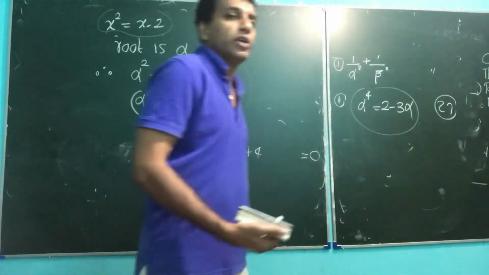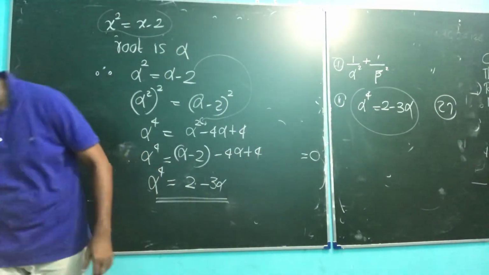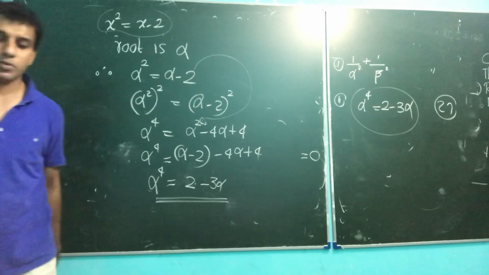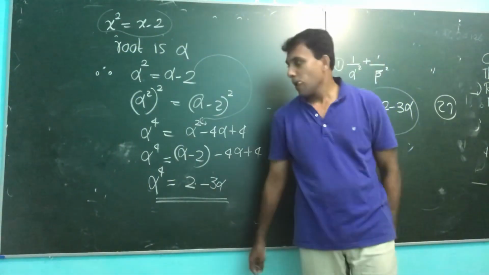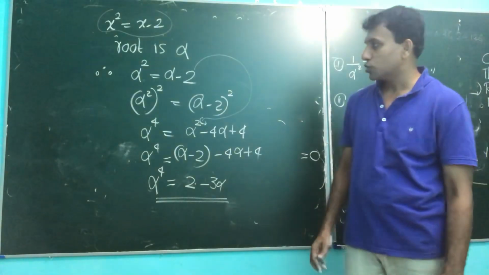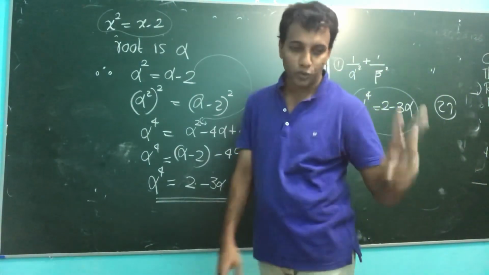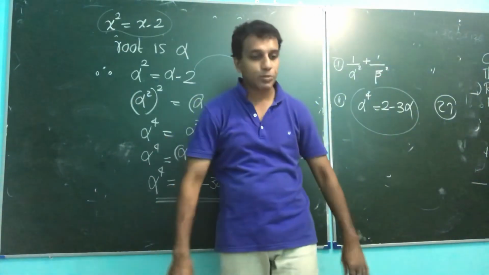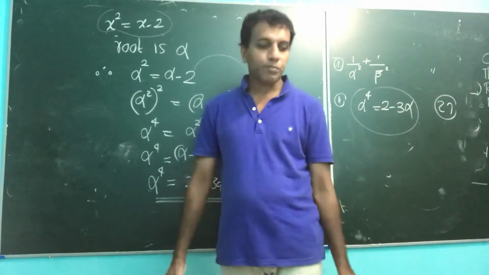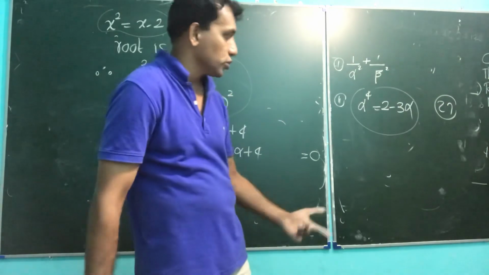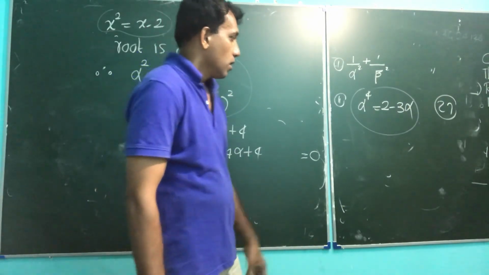Beta power 4 equals 2 minus 3 beta. For various questions you have to practice. I have maybe 100 plus problems in all, so no time to work through everything. The main issue I will complete, and you have to work the rest of the parts.